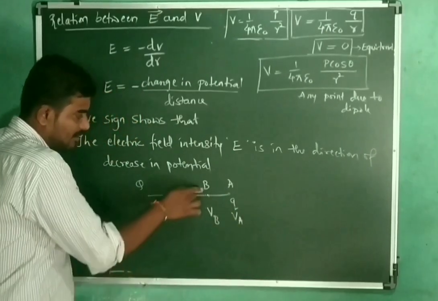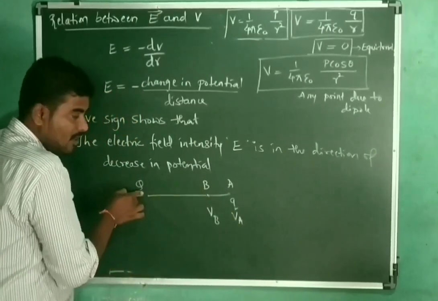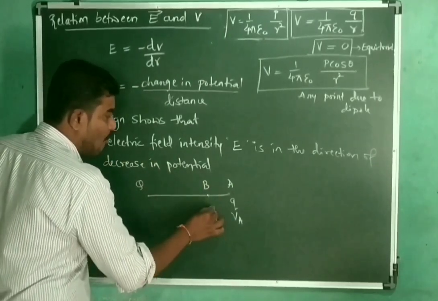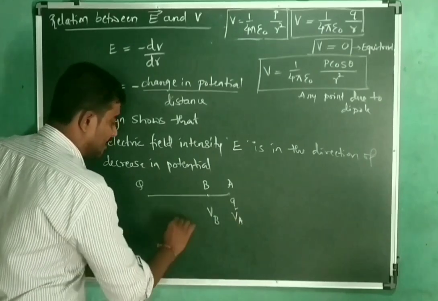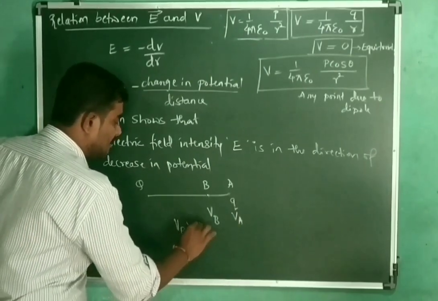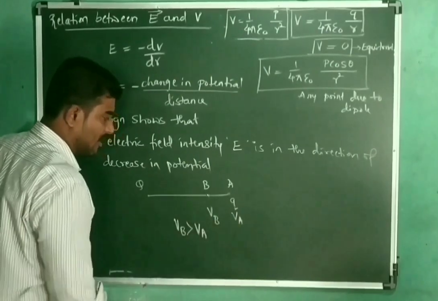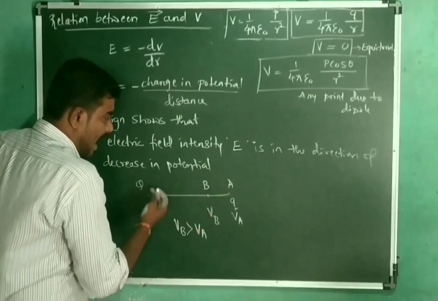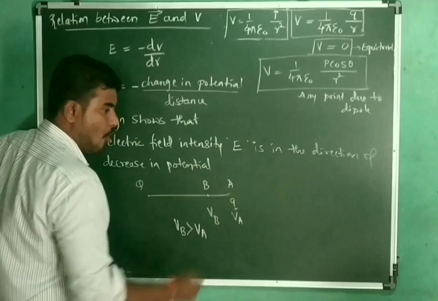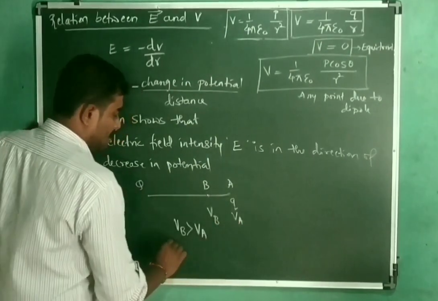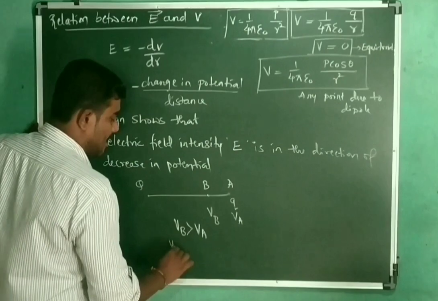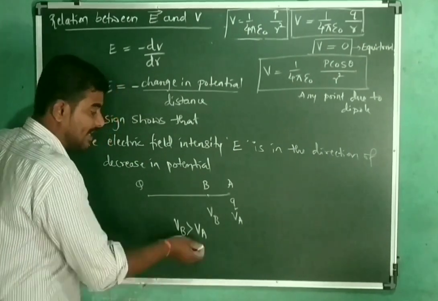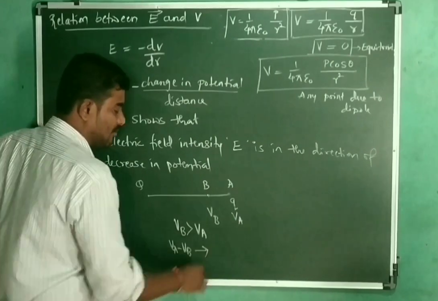As you can observe, this B is very close to Q compared to A. Therefore, potential at B is more than potential at A. That is, VB is greater than VA. Then decrease in potential is going to be away from Q. As the distance increases, the potential goes on decreasing. It means VA minus VB is what? Change in potential or decrease in potential, and this is the direction of electric field.